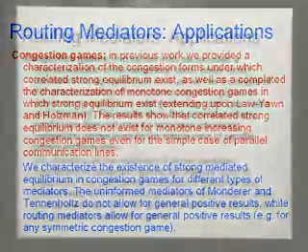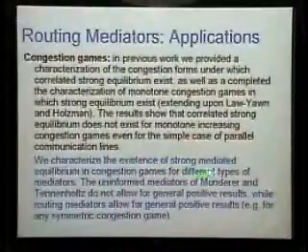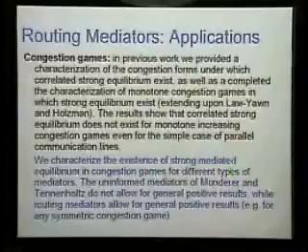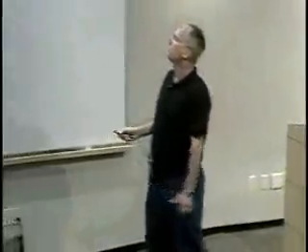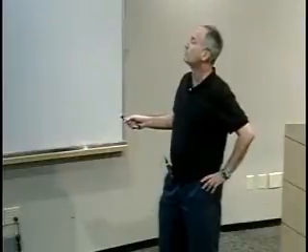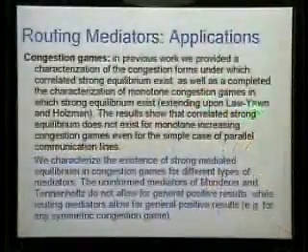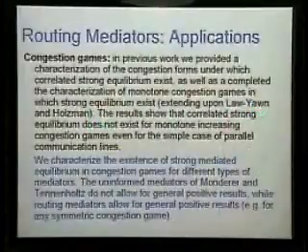So there are applications that we can spend time on. In congestion games, there are many applications. Basically, we have a full characterization of the type of mediators that are needed in order to handle various kinds of congestion games. This completes previous work by Ola Rozenfeld and myself that talks about when you have strong equilibrium in congestion games, and extends work by Loyon and Ron Holtzman that also dealt with this.